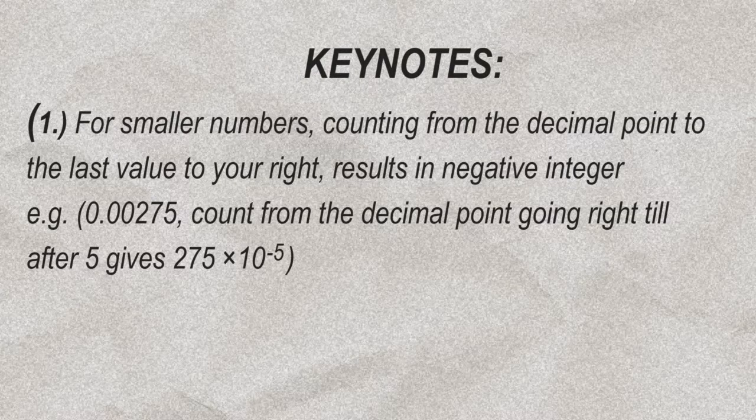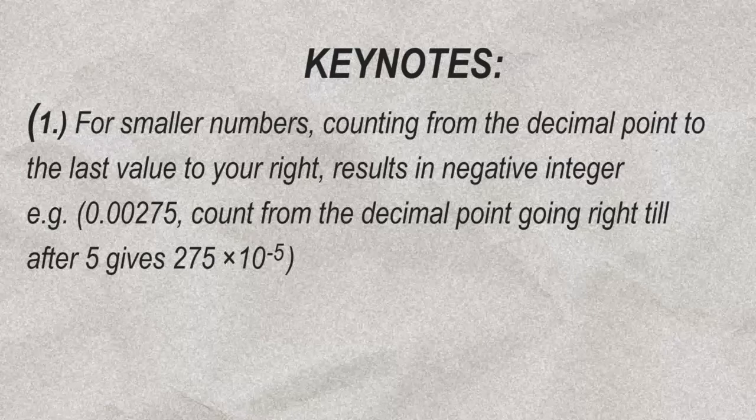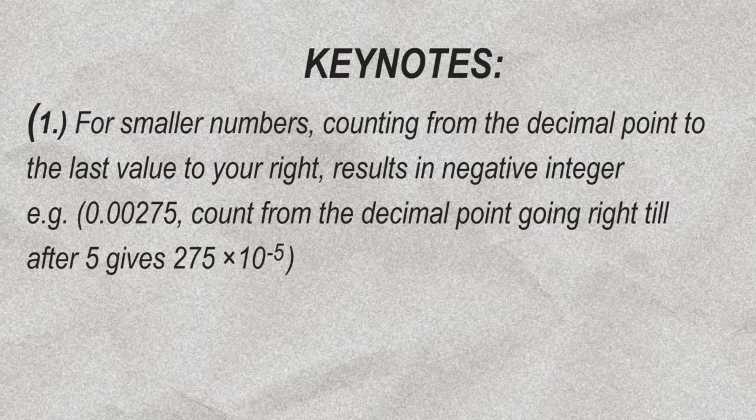Now look at this example: 0.00275. To convert this to standard form, we need to count from the decimal point straight to our right-hand side. When we count, we count 5 digits, going past 0, 0, 2, 7, to 5.